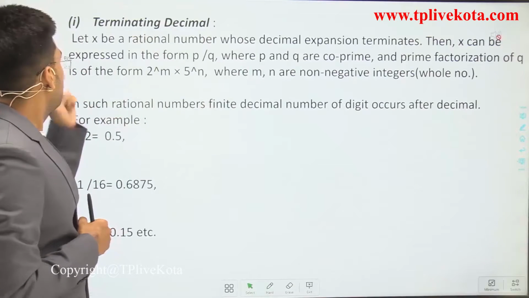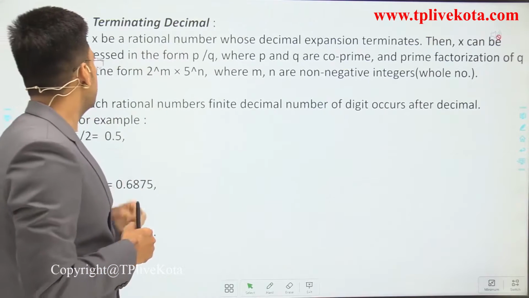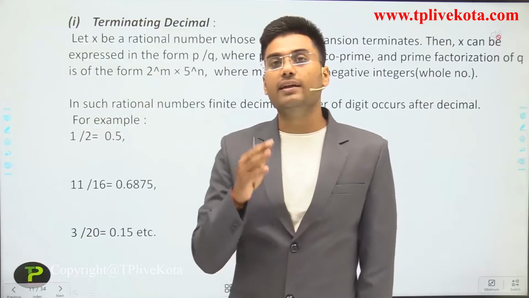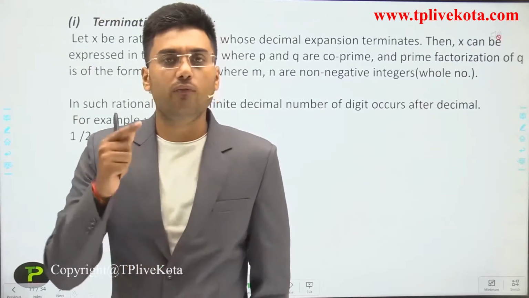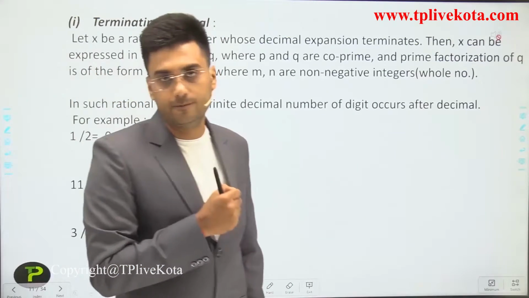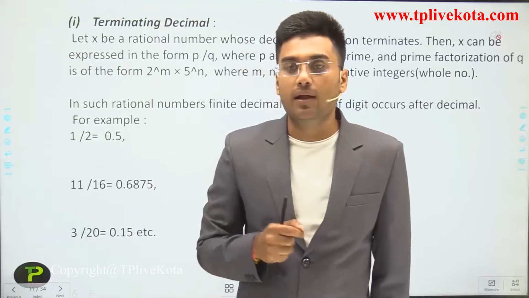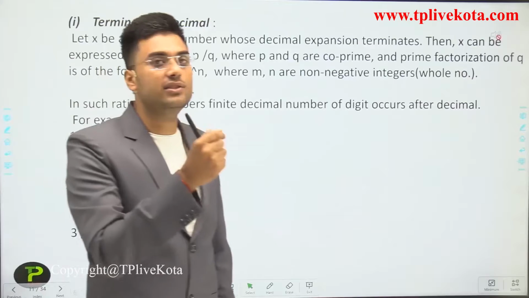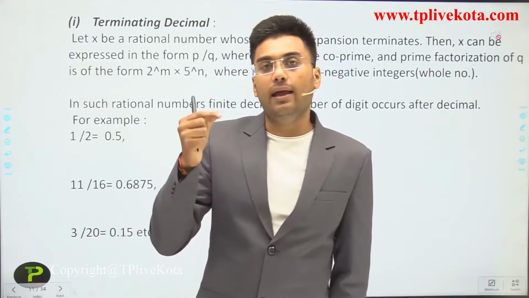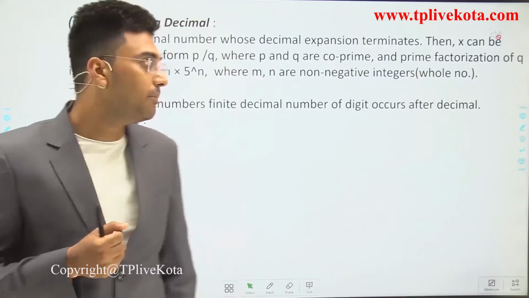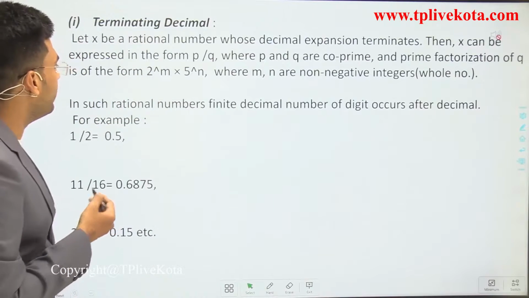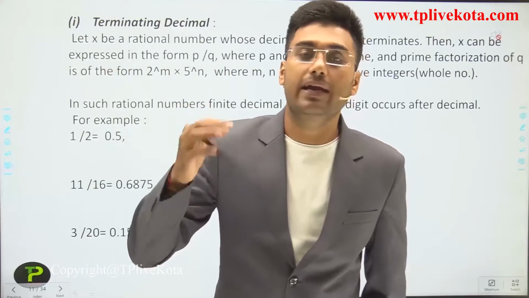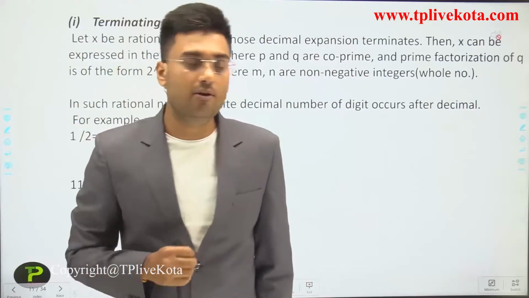Terminating decimals are those decimal rational numbers. If x is a rational number, we can write x is equal to p by q, where p and q are integers and q should not be equal to 0. And if q has a prime factorization in the form of 2 power m multiplied by 5 power n, then it represents a terminating decimal. What does it mean?